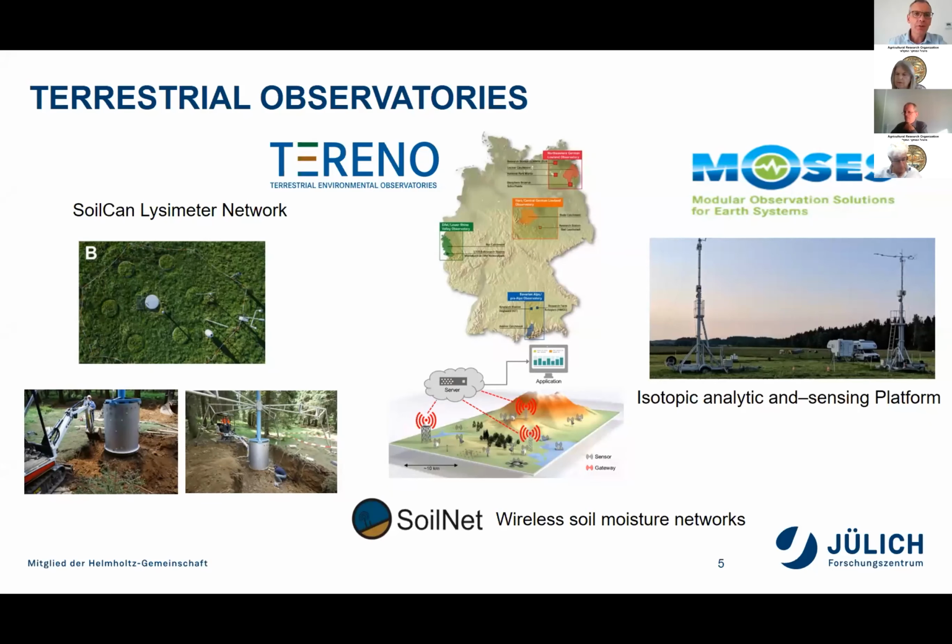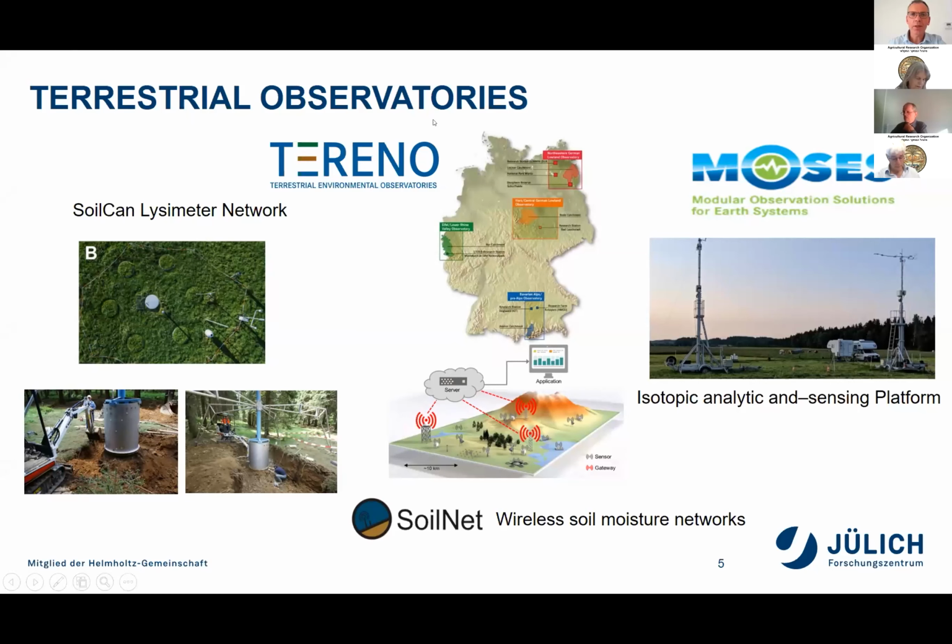One component of this network is our soil lysimeter network, where we installed around 120 undisturbed soil monoliths across Germany to investigate in more detail water fluxes and solute fluxes in the soil-atmosphere system.